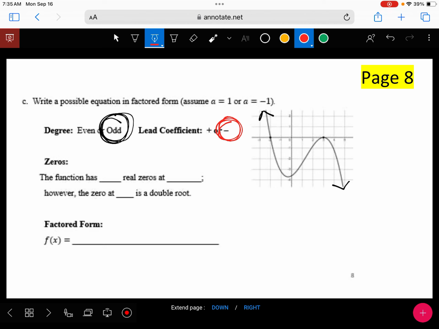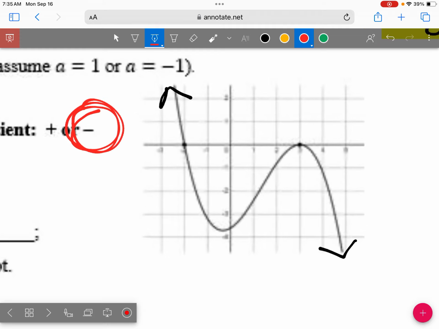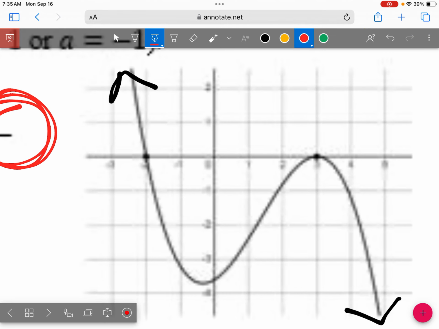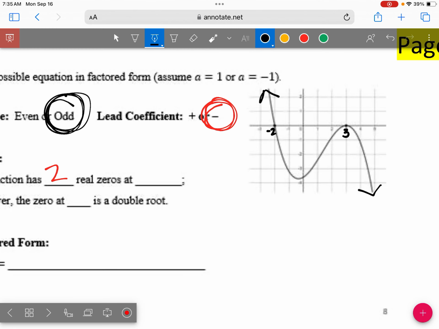The function has 2 real zeros. And the zeros occur at what? This is so blurry. So I'm pretty sure that's a negative 2. And that's a positive 3. So we have 2 zeros at negative 2 and positive 3.